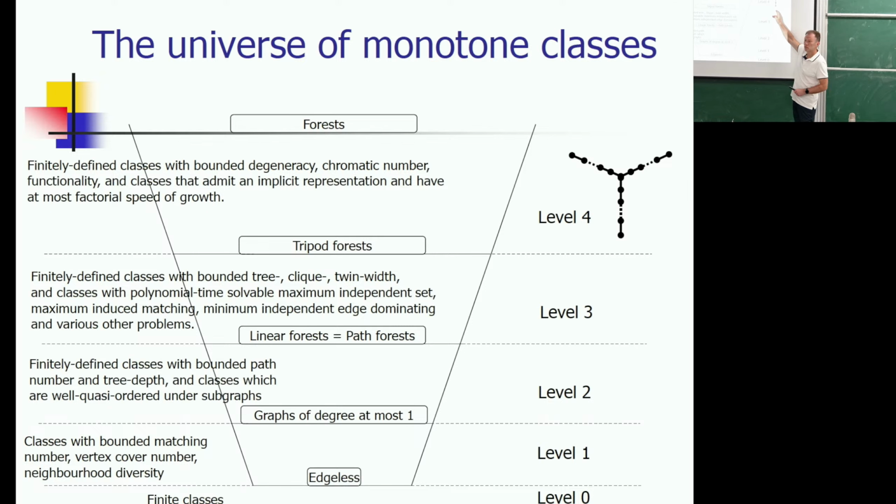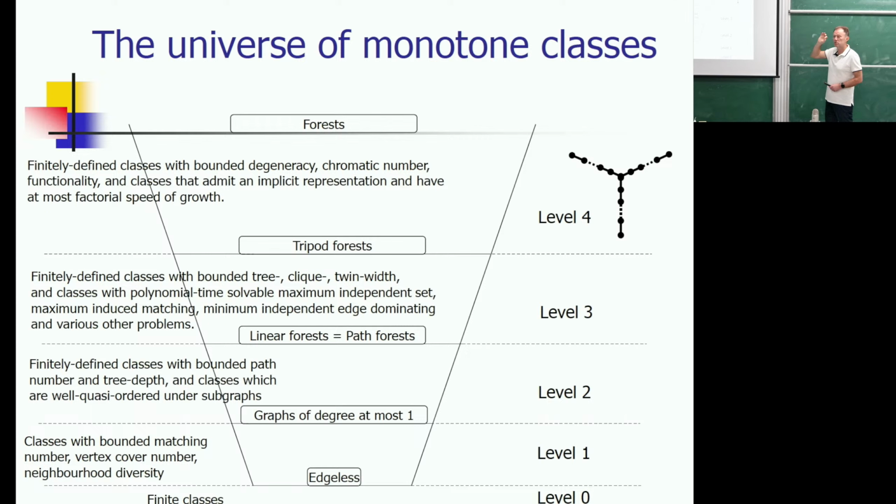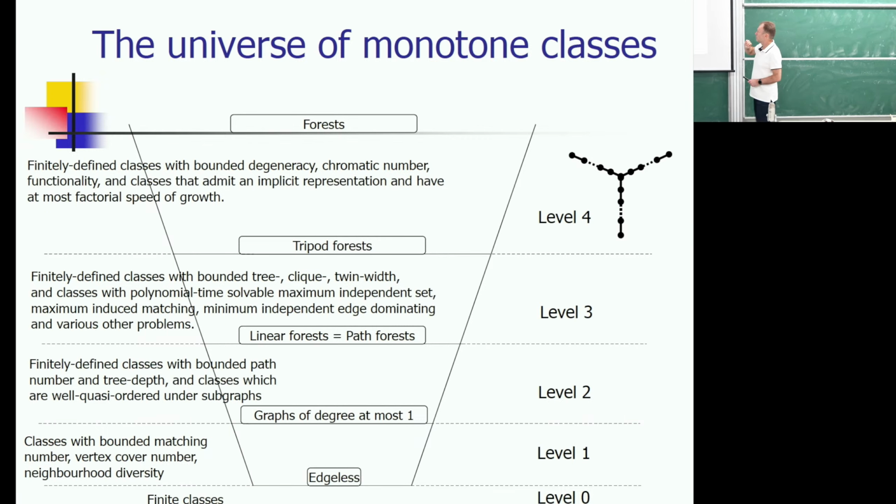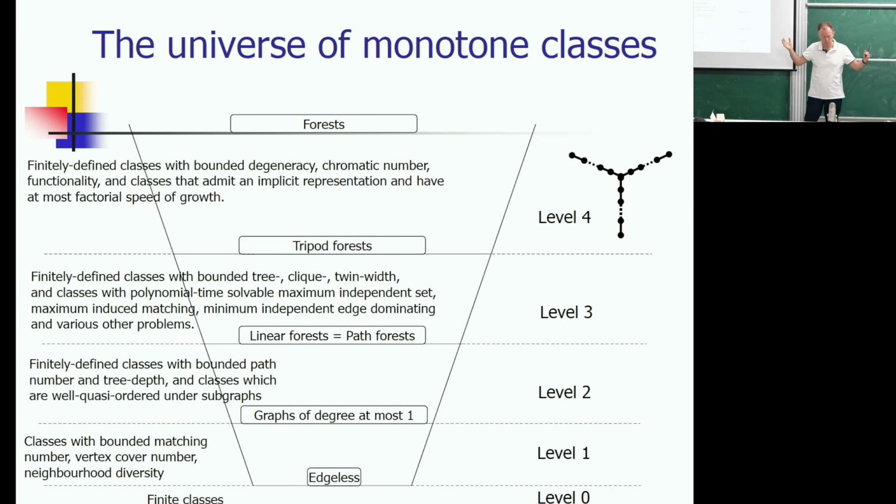I call a graph of this form, a tree with a single vertex of degree 3, a tripod, and a tripod forest is a forest in which every connected component is a tripod. So any monotone finitely defined class which includes all tripod forests has unbounded tree width, unbounded clique width, unbounded twin width, and these problems are NP-complete in such a case. And once you exclude a tripod forest as a subgraph, you have bounded tree width, bounded clique width, bounded twin width, and polynomial time solvability of many problems.